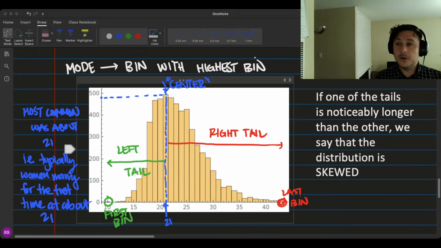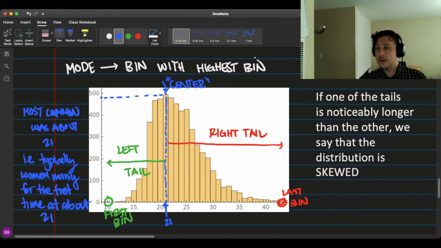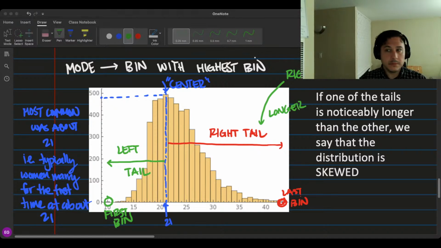Then you have to say in which direction it is skewed. Do you see how the right tail is longer here? We would say that this is right skewed. Does it make sense? It's right skewed because the right tail is longer. You can also be left skewed, depending upon which one is further.